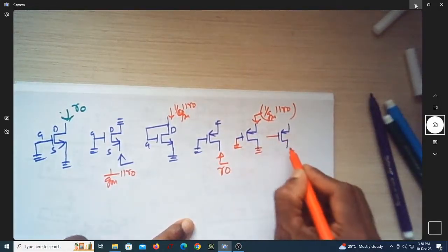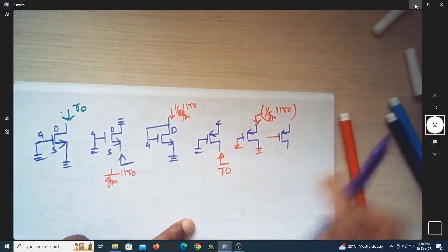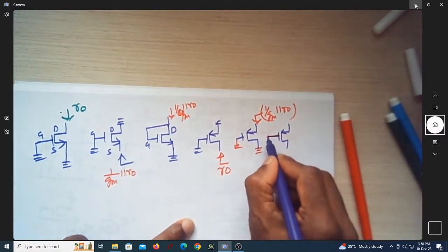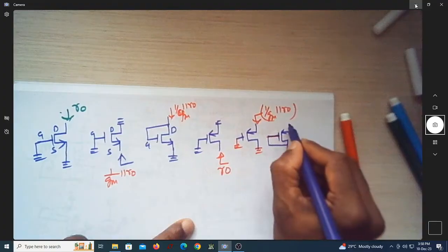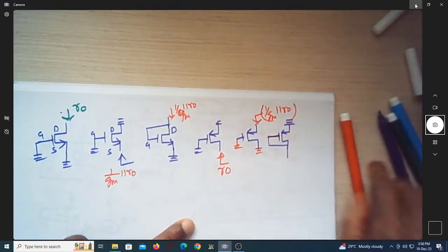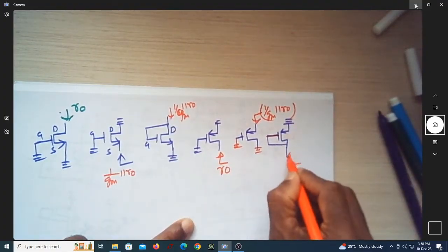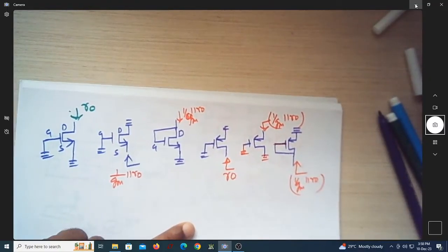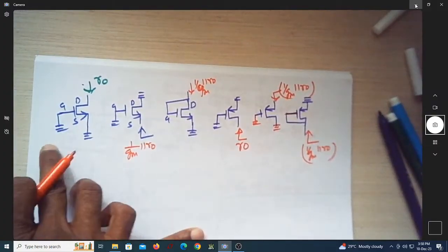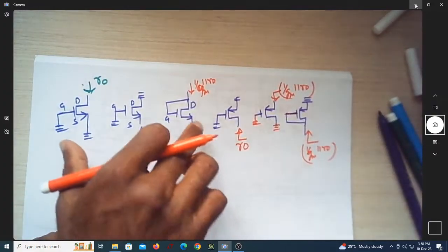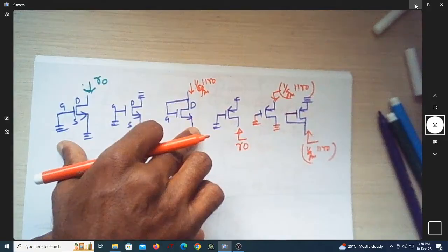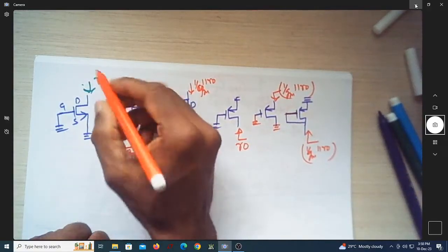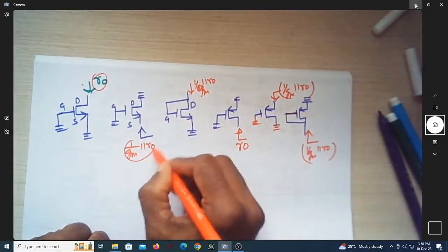Now let us consider the third case where gate is shorted to drain. This is AC grounded. If you look into the drain, it will be 1 over gm parallel to r0. These are the three categories of MOSFET which are offering the resistance.